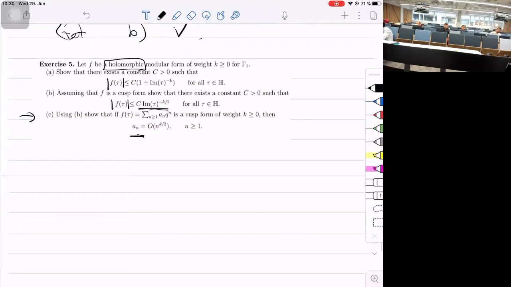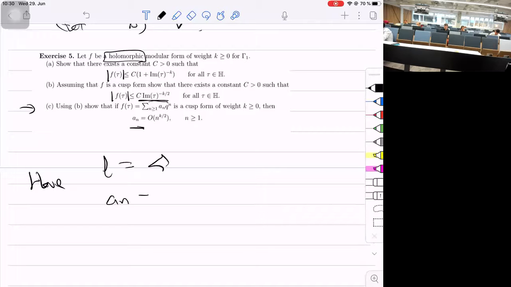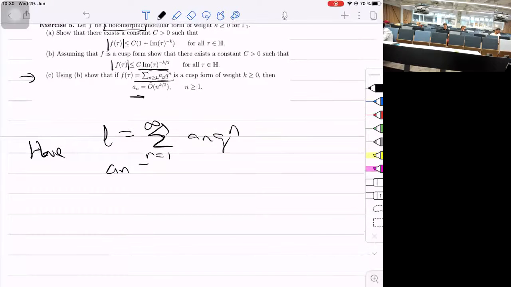And so for that, we just want to start with the formula from Fourier series that gives us the coefficients of the Fourier expansion in terms of some integral. So f is going to be the sum of a_n q to the n, going from 1 to infinity, since we're assuming it's a cusp form.